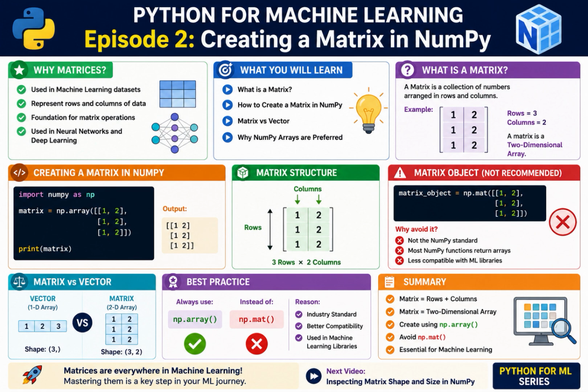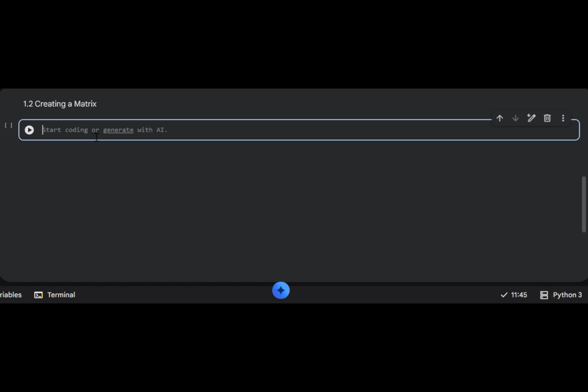For example, imagine a table containing student marks. Each row could represent a student and each column could represent a subject. This table-like arrangement is called a matrix. In NumPy, we create a matrix using a two-dimensional array.